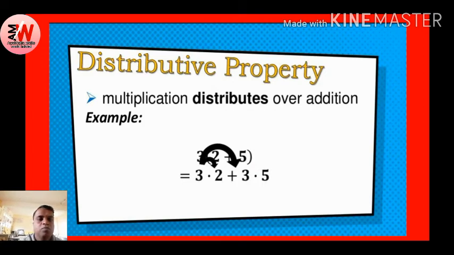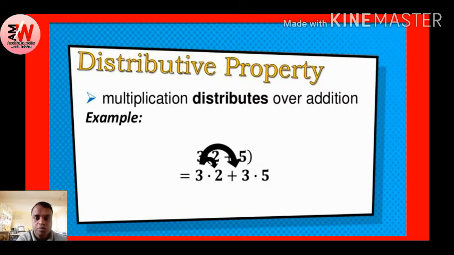What is the value? 2 plus 5 is 7, 7 threes are 21. Here also, 3 twos are 6, 3 fives are 15, 15 plus 6 is 21. Both values are the same.